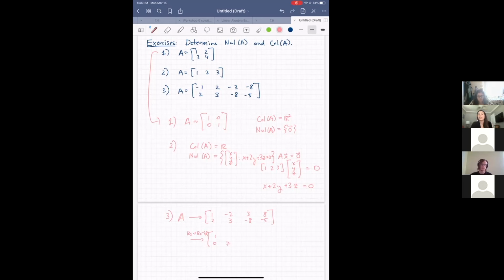It has 2 free variables, right? Because it can only possibly have 1 pivot, and there are 3 variables. So in terms of how I wrote it, y and z are free variables. You can pull them to the other side, write x in terms of that, and then you have these 2 vectors, if you want to write it that way. Okay.